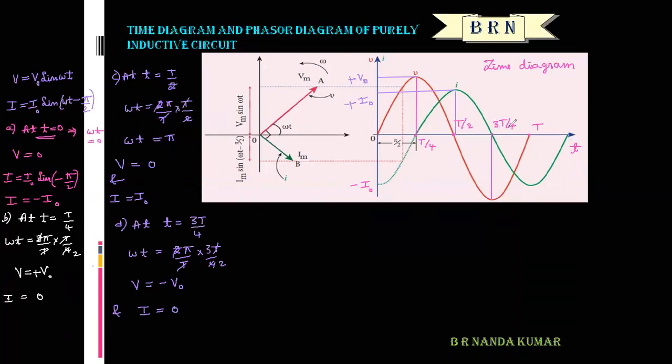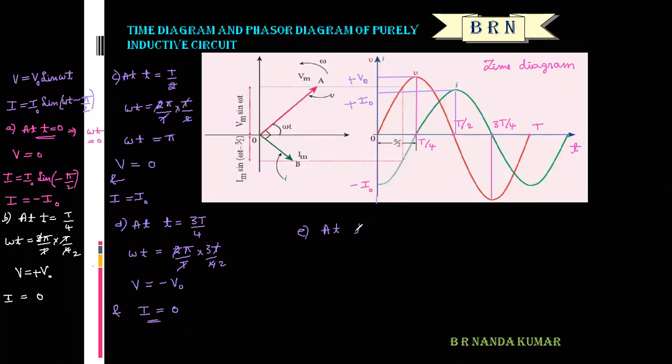So at time t is equal to 3T by 4, the current flowing through the inductive circuit is 0, and voltage is minus V naught. Okay.